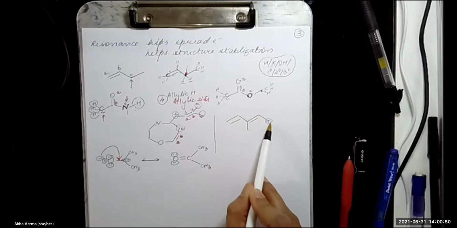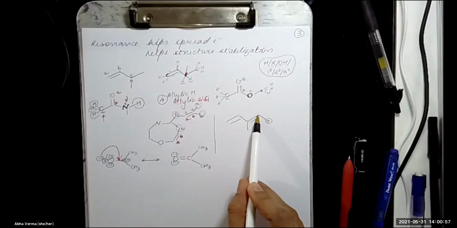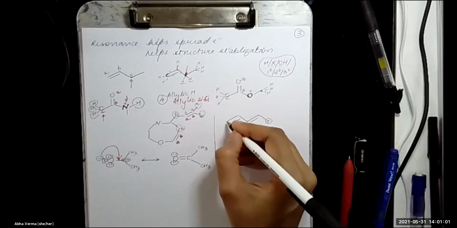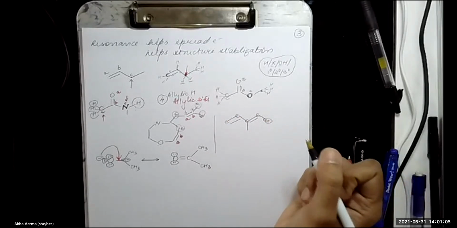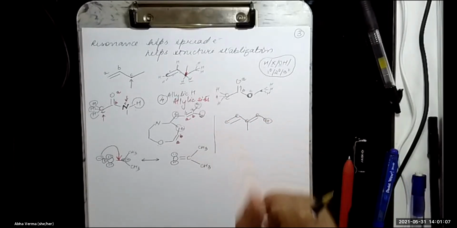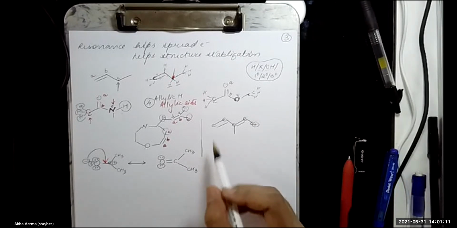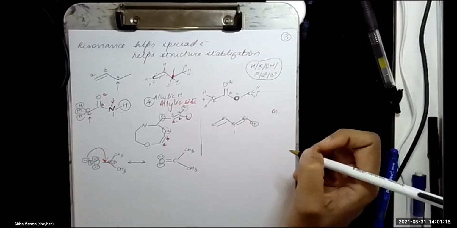So this positive charge is on the dot. Okay, it is not on this carbon. It is on the carbon next to this one. So there is 1 carbon, 2 carbon, 3 carbon, 4 carbon, 5 carbon. So make sure you don't make this mistake when you're looking at your structures. Now, if you look at this structure, do you see any allylic pattern?